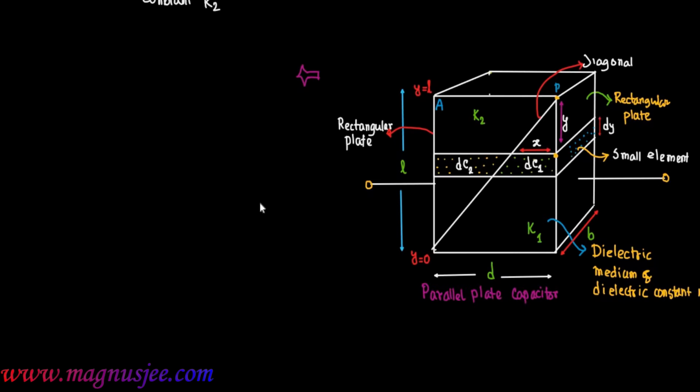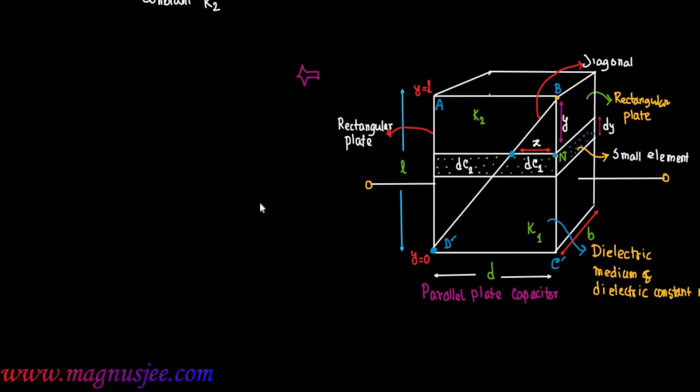Now the gap between the two parallel plates is ABC'D'. The horizontal portion of the small element of dielectric constant K1 is NP.